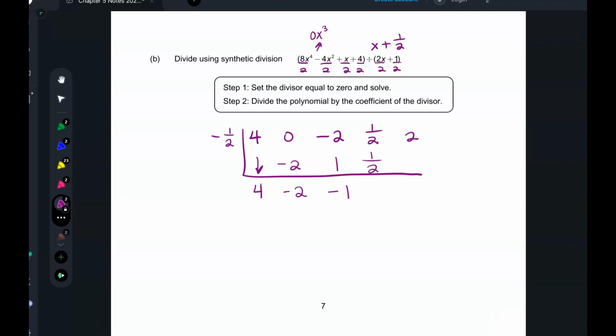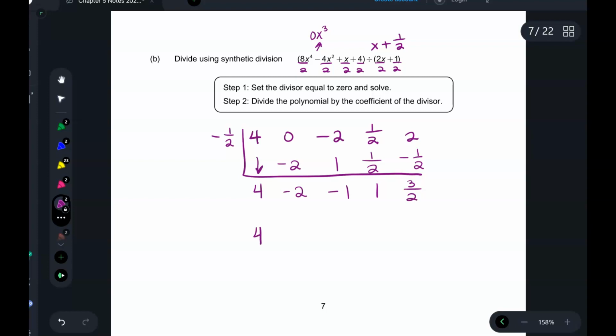What do we get? 1/2 plus 1/2? 1/4. That's if you multiply. And then 1 times negative a half. How'd you make the half a negative? Because remember, we take whatever we're dividing by and set it equal to 0. And then this ends up with 3 over 2.